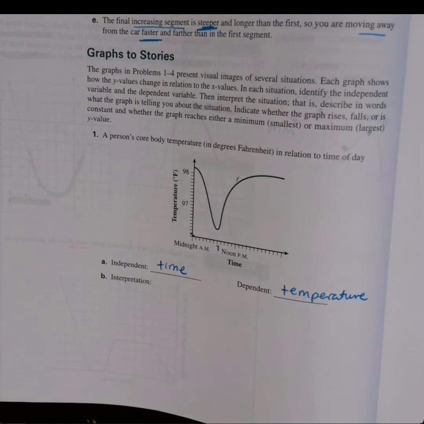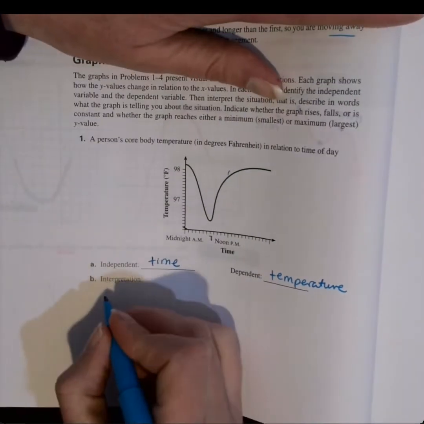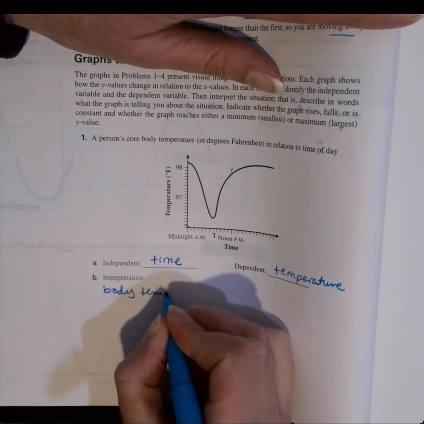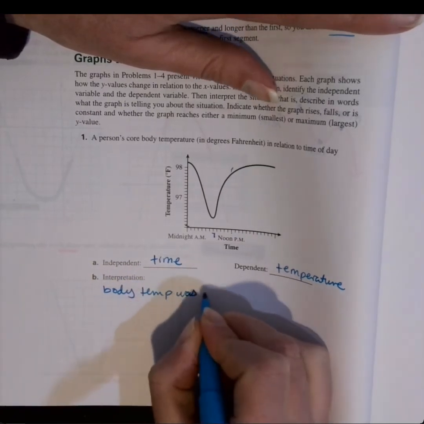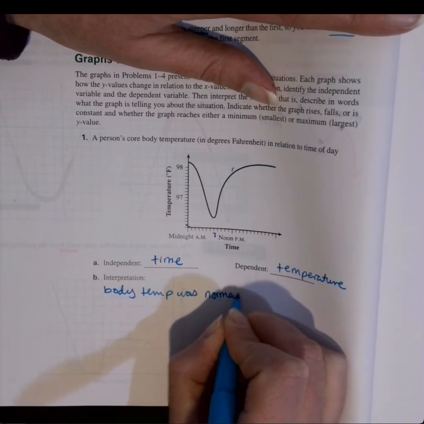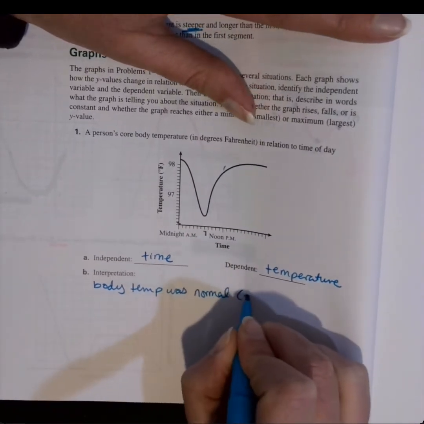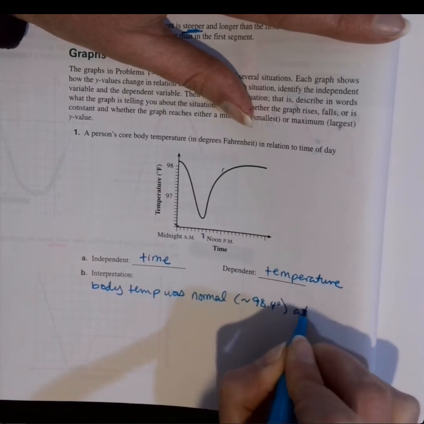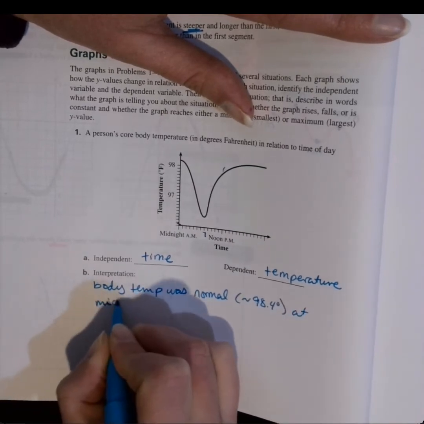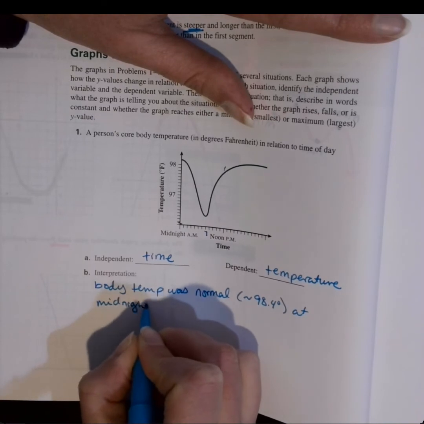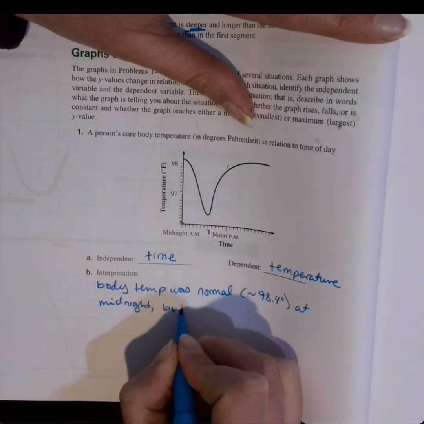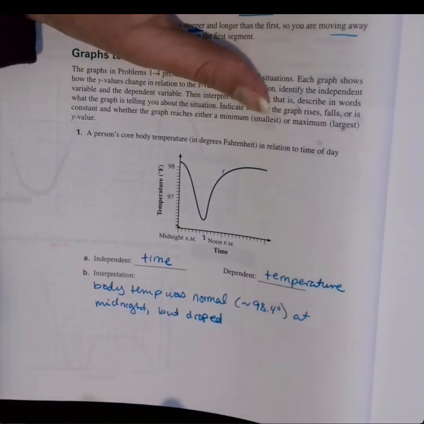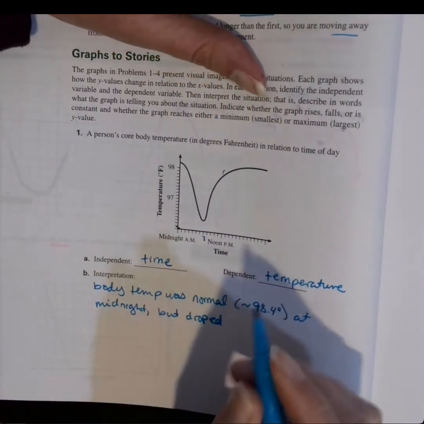Okay, so the person's body temperature was normal, and we can round it if we want, at approximately 98.4 degrees at midnight, but dropped during the night while they slept.